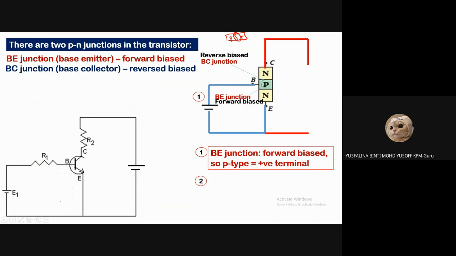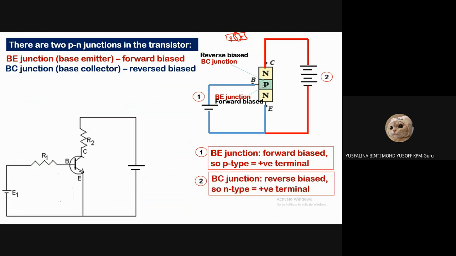Remember, P type is positive, right? So positive to positive, it will become forward bias. And then BC, it's not complete yet. Then the BC junction, the base collector. The latest now is BE, forward bias.